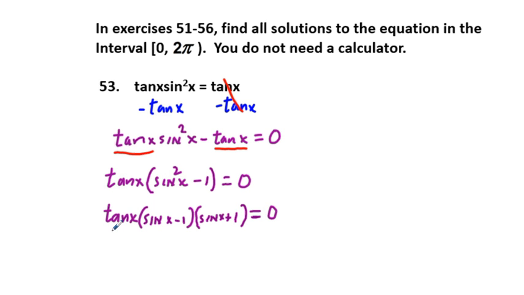So if we set each one of these expressions equal to 0, if we have tangent x is equal to 0, or if we have sine x minus 1 is equal to 0, we have sine x plus 1 equals 0.